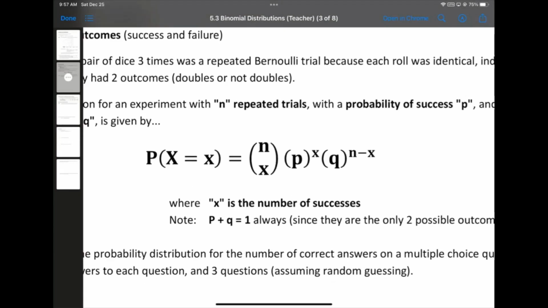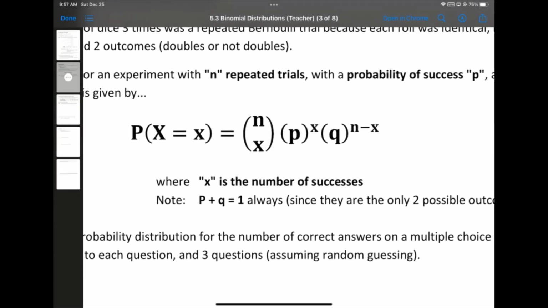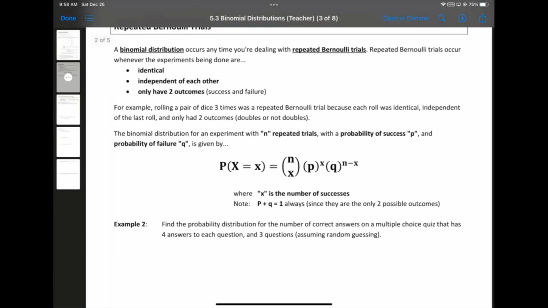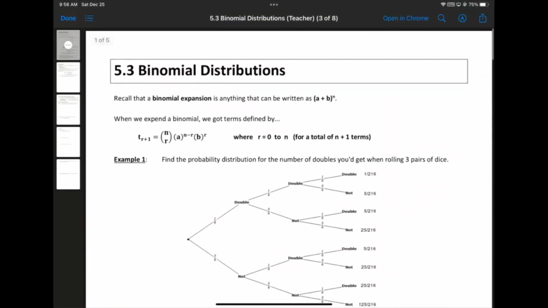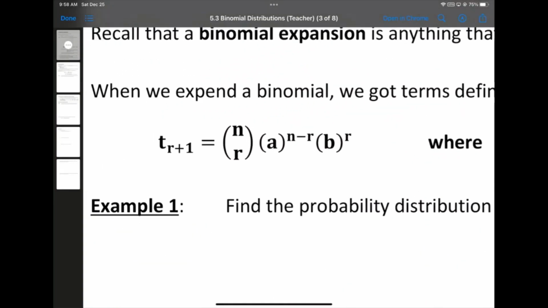Now, this is the equation right there. The probability that x equals n choose x, p to the exponent x, q to the exponent n minus x. So just to be clear, if you look at the form of that, a combination, something to an exponent, something to an exponent, that looks an awful lot like the general term that we got for the binomial theorem.